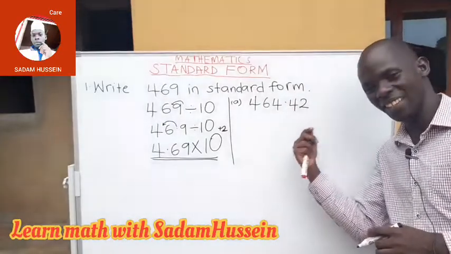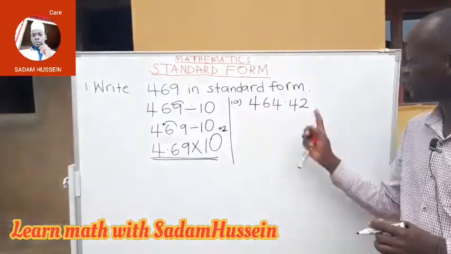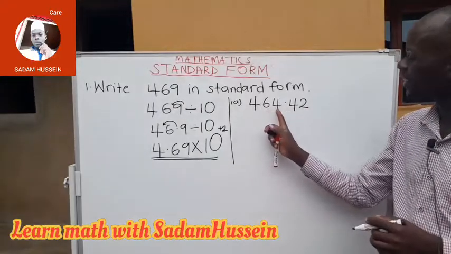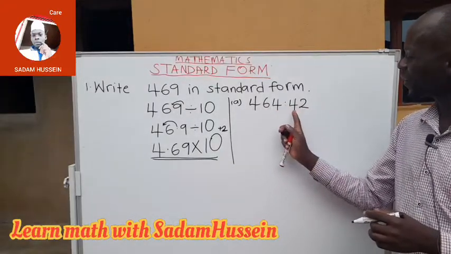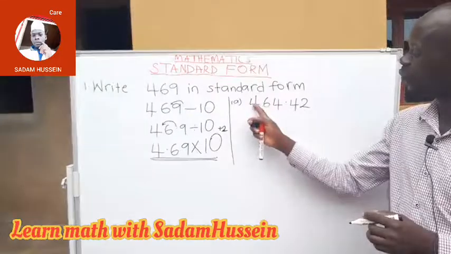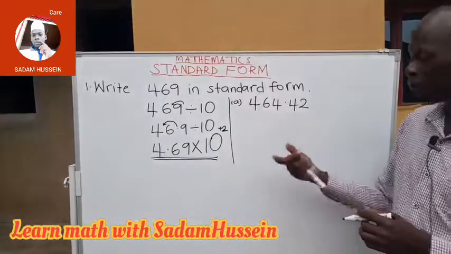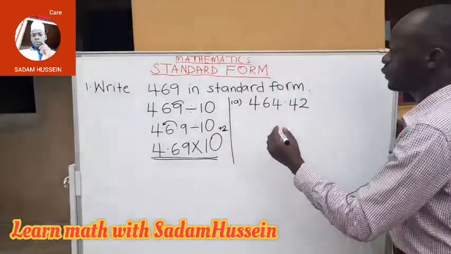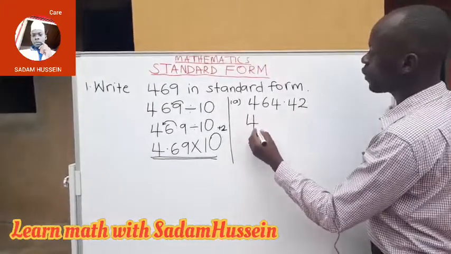We read the last place value, hundredth: 464 and 42 hundredths, or 464.42. Now, writing it in standard form, we are going to have 464.42.